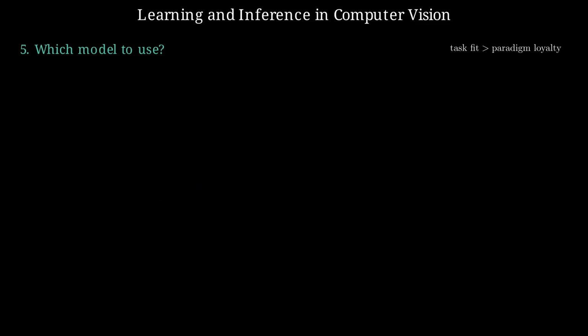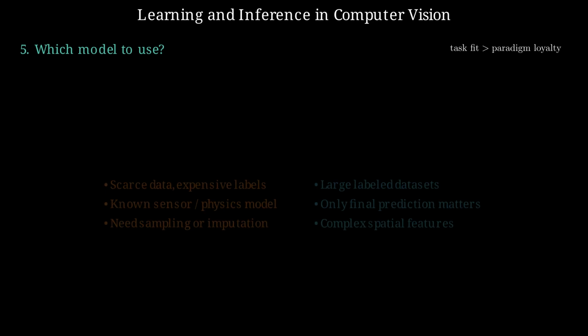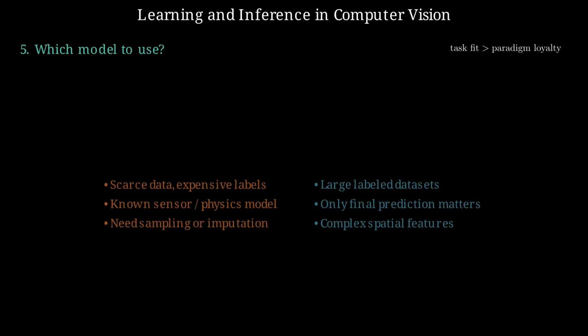Use generative models when data are scarce, labels are expensive, you have strong domain knowledge about how measurements form, you need to sample or impute missing pixels, or you must combine multiple uncertain sensors with explicit noise models. Classical examples include Kalman filtering for tracking, structure from motion with geometric likelihoods, and medical image reconstruction with physics-based forward models.